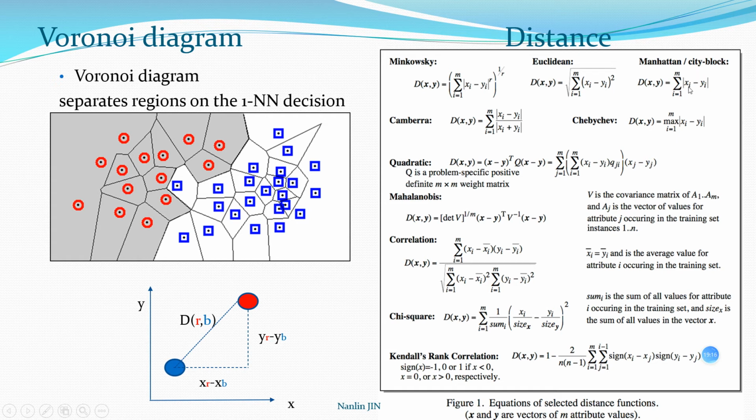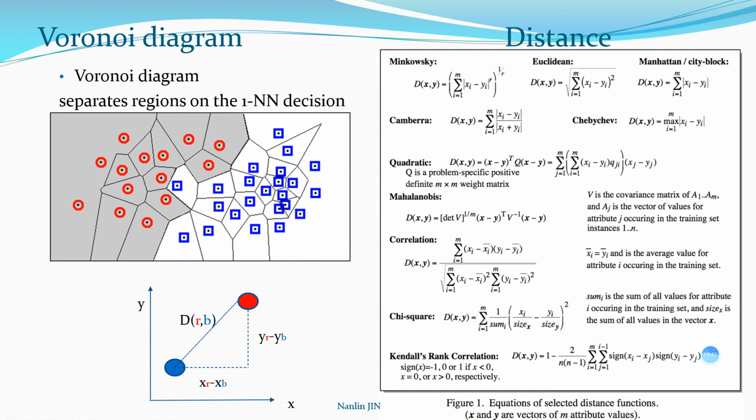It takes the difference between x and y of red and blue, the distance on x and then the distance on y. This x is not the same as this x; x, y here are the 2 dimensions of one object.